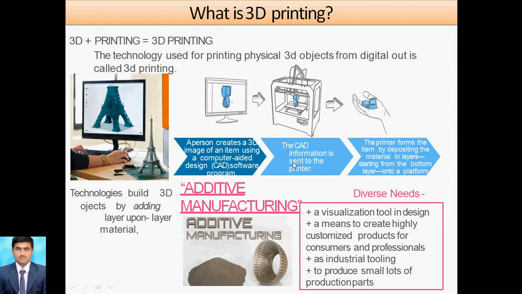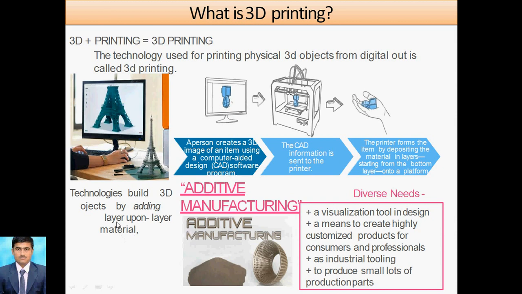Then we have to finalize this component and feed it into the 3D printer with the machine settings, and then it starts depositing material in layer by layer manufacturing. This creates a platform on the bed, and after that we have to finalize this component. So this is 3D printing.